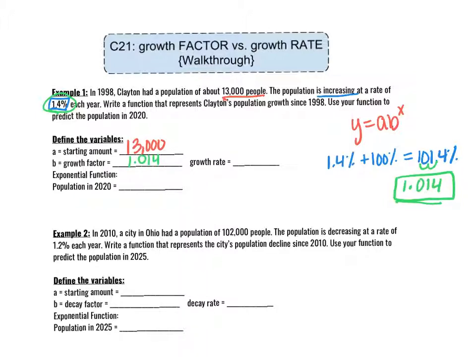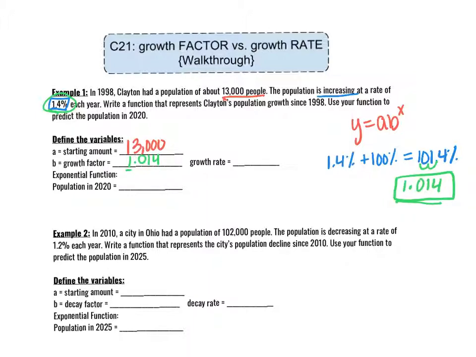1.014. Remember that this 1 right here tells us we want 100% of everyone that was there plus this little bit of growth. So we don't just want the growth. If you just typed in 13,000 times the growth, which is 1.4% or 0.014 as a decimal, that's going to give you 182.